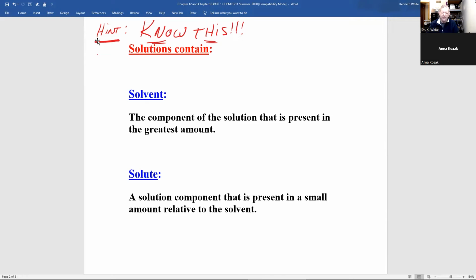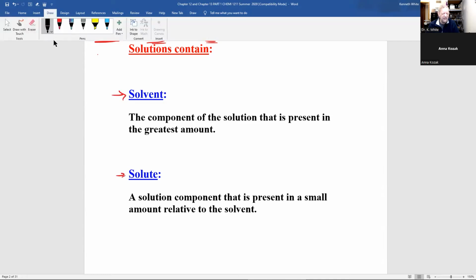Now, you also have the solute or solutes. You have more than one. And you should know these. I'll never ask on a test, what's a solvent, what's a solute, but I'll expect you, and I'll show you in a little while, to know how to interpret it and determine these.